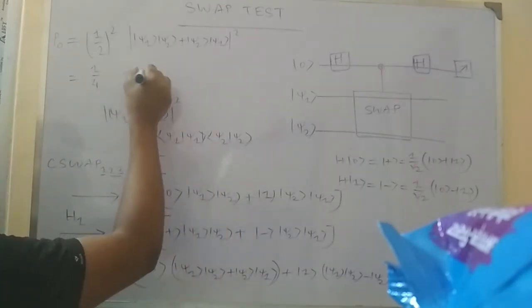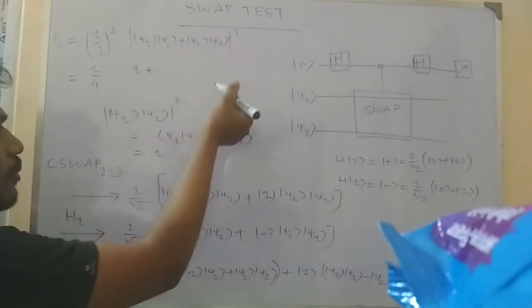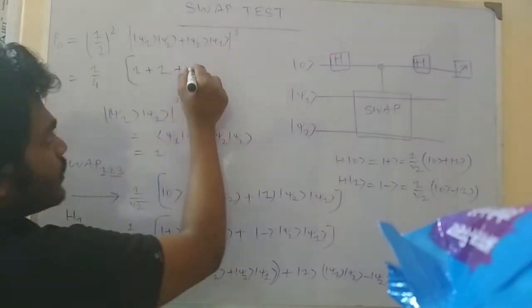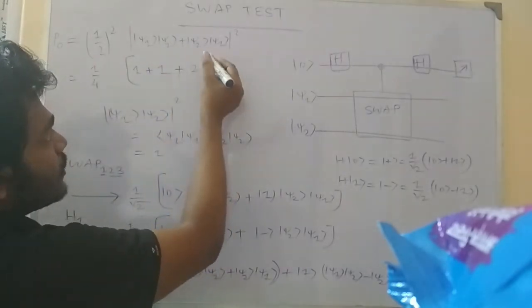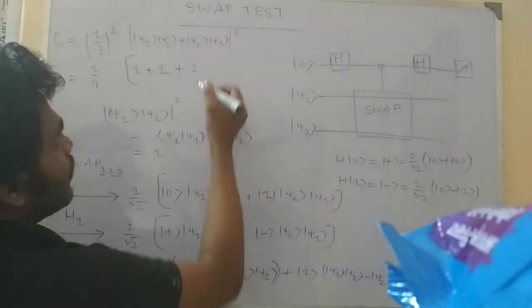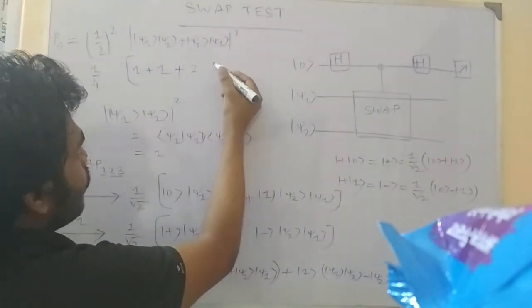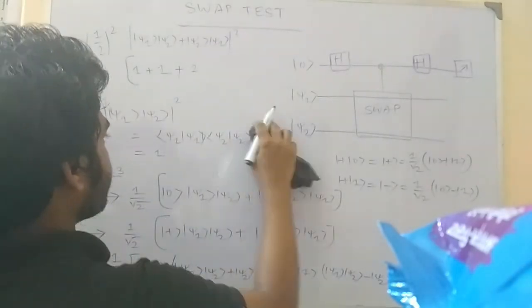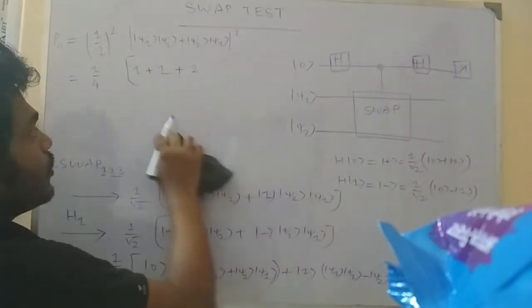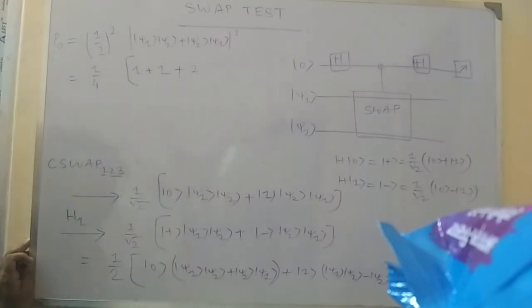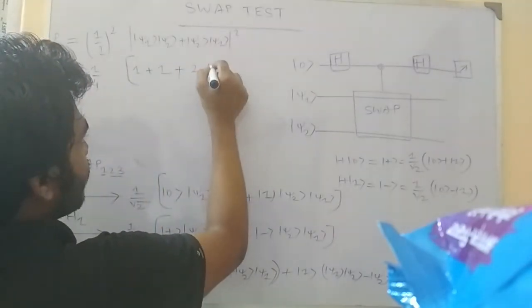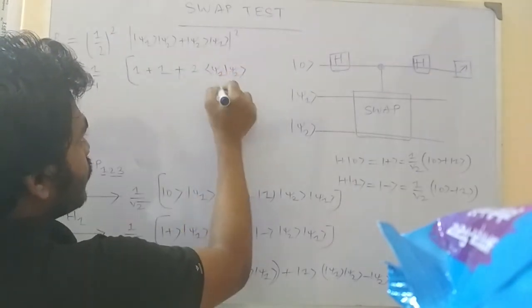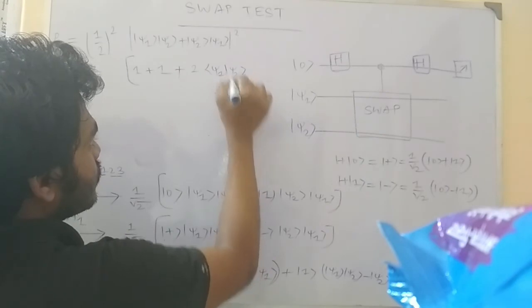Similarly here we have 1 plus again psi 2 psi 1 mod square, again it will become 1, plus we have 2 times psi 1 psi 2 then psi 2 psi 1. I mean we have one of the complex conjugates, then psi 1 psi 2. So this one is actually psi 1 with psi 2, then we have psi 2 with psi 1.